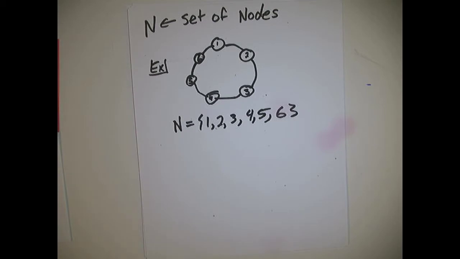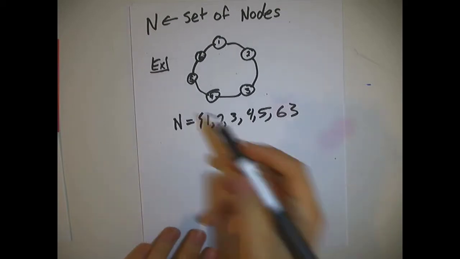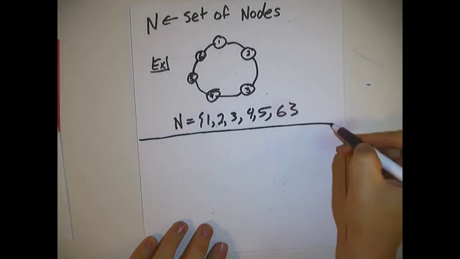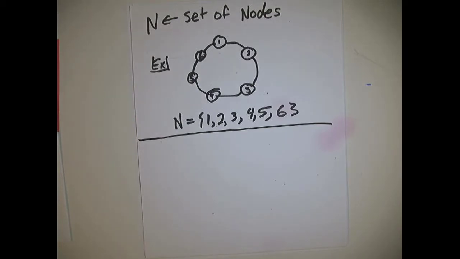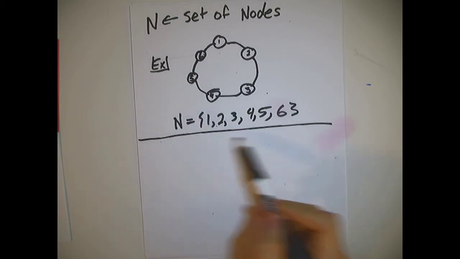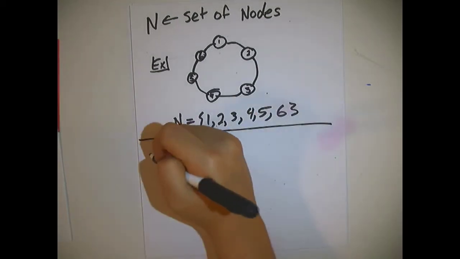Additionally, past the set of nodes, we need a way of talking about symmetries. The way I'm going to describe the symmetries is as a function from the set of nodes to the set of nodes.